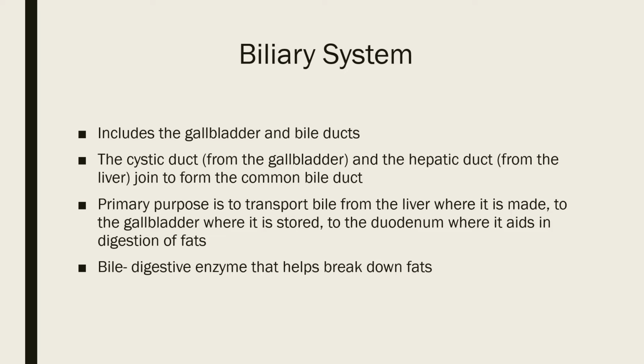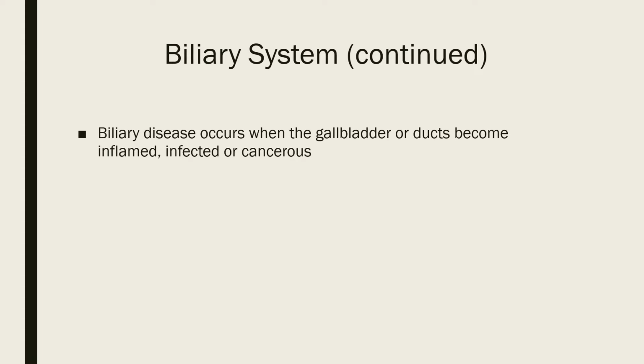So, the primary purpose is to transport bile from the liver, where it is made, to the gallbladder, where it is stored, then on to the duodenum, where it will aid in digestion of fats. And bile is the digestive enzyme that will help to break down these fats. So biliary disease will occur when the gallbladder or the ducts become inflamed, infected, or cancerous.